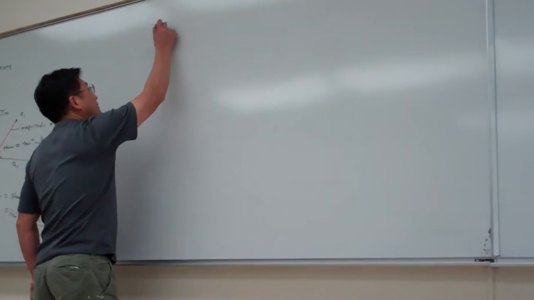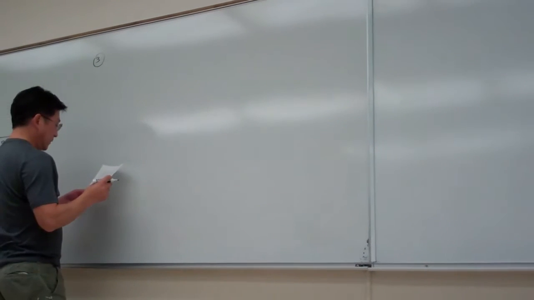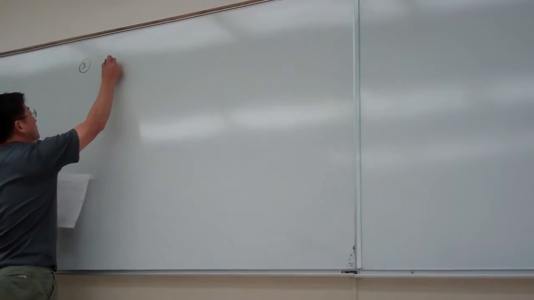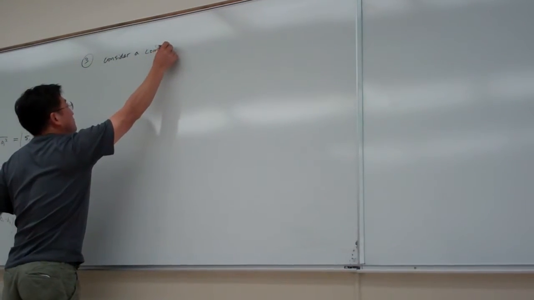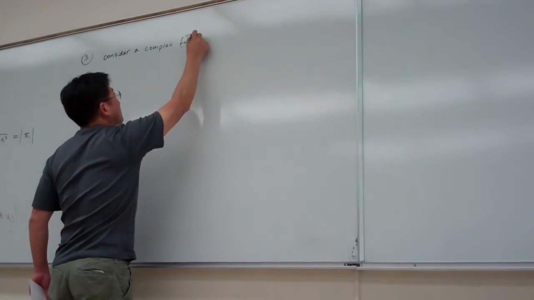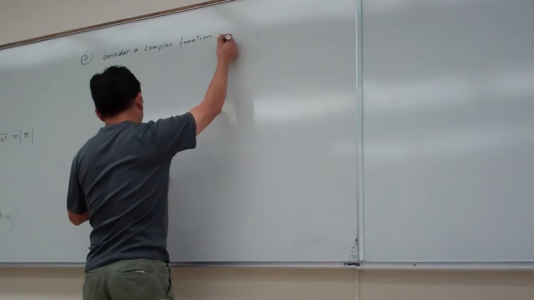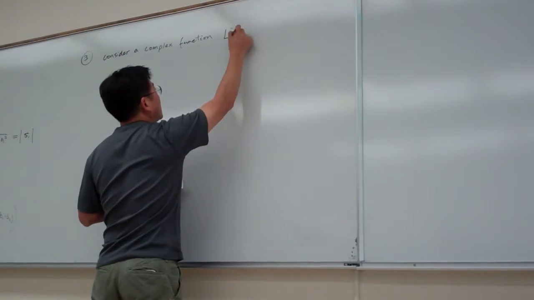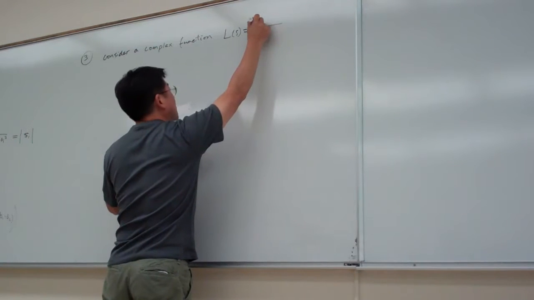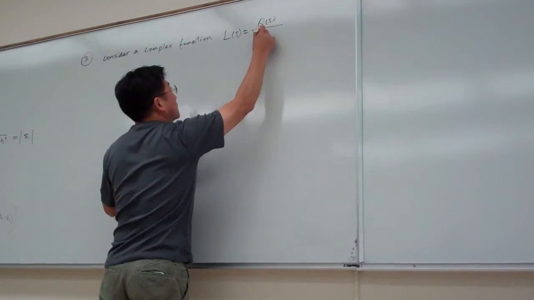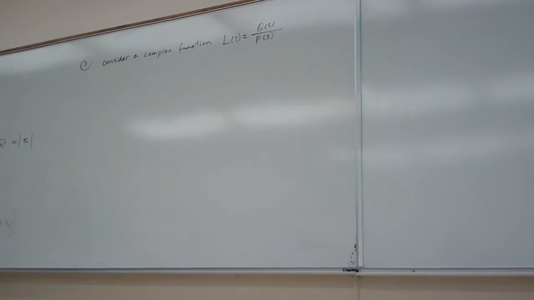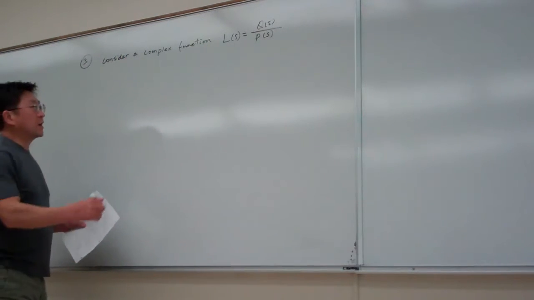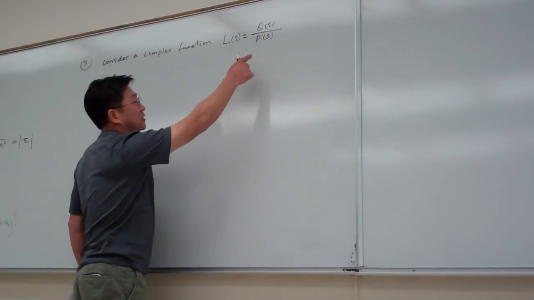So the third one is to consider a complex function. For example, say the complex function is a ratio of polynomials, say Q over P. Okay. So P and Q are certain polynomial functions in S individually, and S represents any complex number.